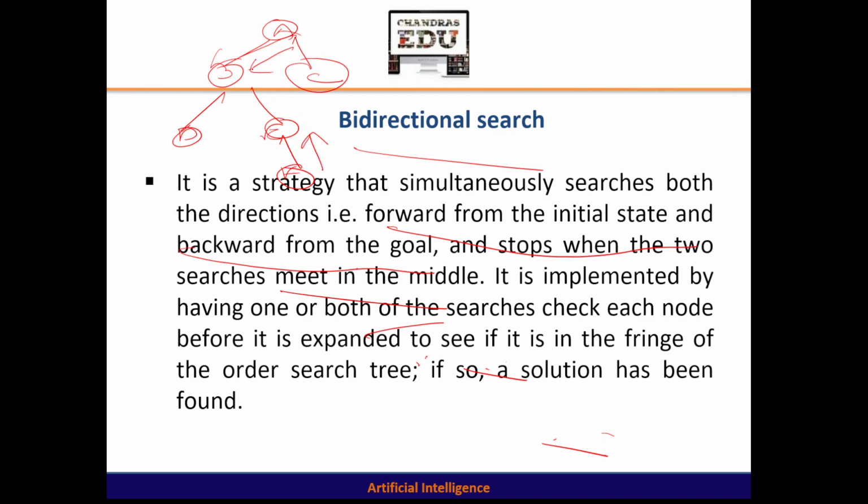So somewhere over here they can meet, and that's how we can stop the search. This is called a bidirectional search. We are searching in both directions so that finding the solution becomes much easier.